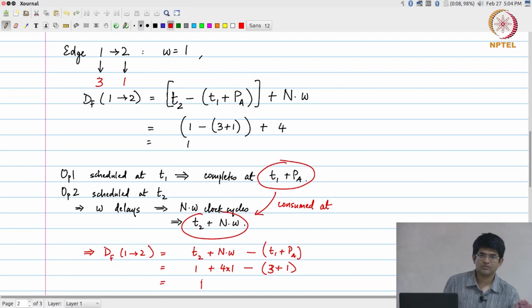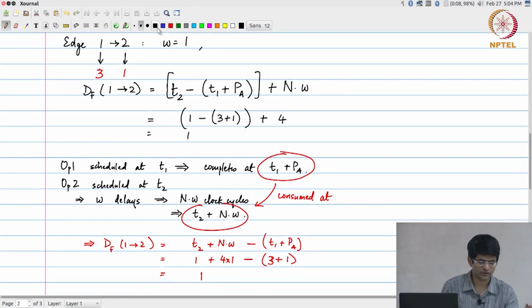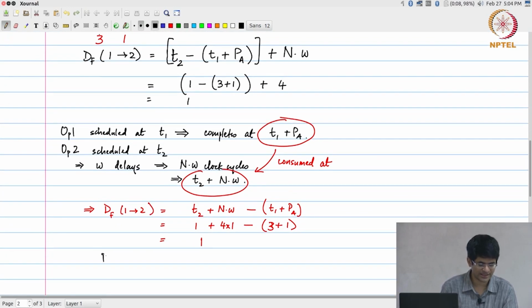The reason why I am working through this is I want to make sure that all of you understand how this was arrived at, because finally what you will probably end up doing is just use a formula. After all I can just simplify this formula and say that in general DF from some node u to v is equal to time of v plus N into the number of delays between u to v minus Tu plus the latency.